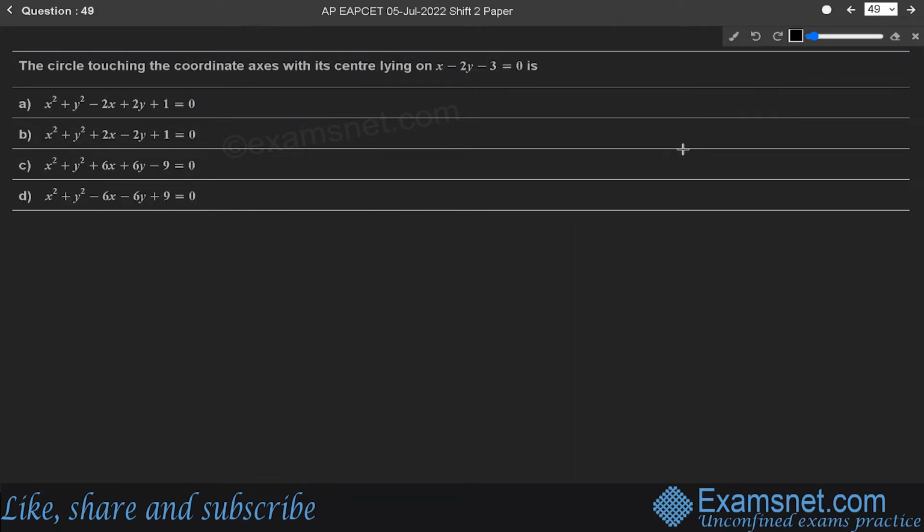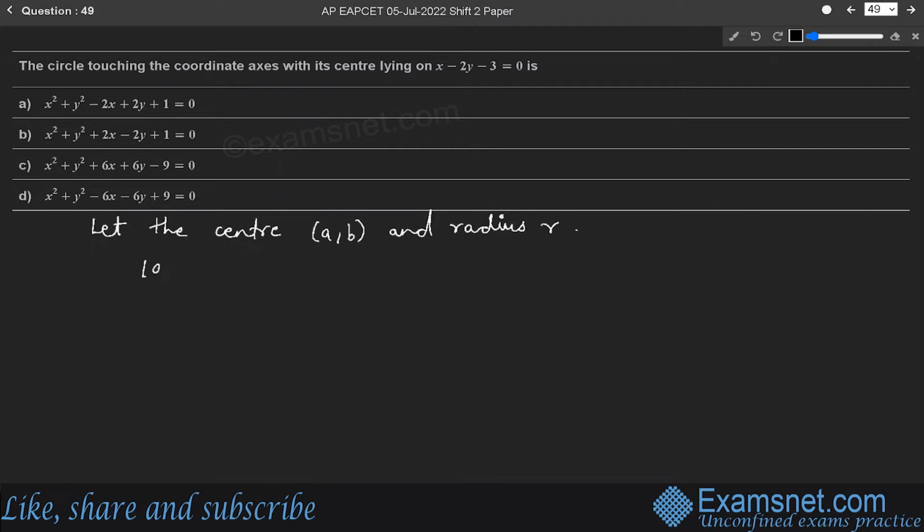Next question is also a very interesting question. The circle touching the coordinate axis with its center lying on x minus 2y minus 3 is equal to 0 is. Let the center be A, B and let the radius be R. Since the circle touches the coordinate axis, the distance of the center from the axes will be the same.